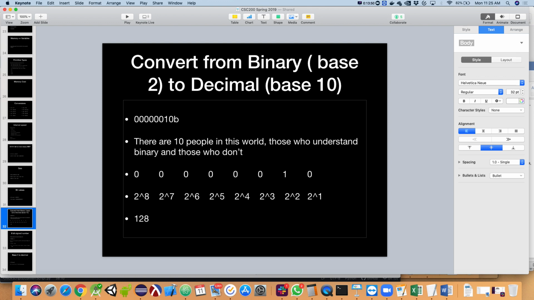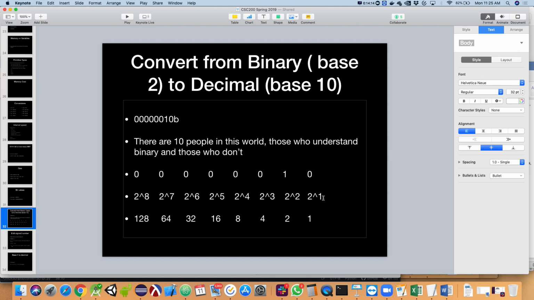So this is the 128 place, 64s place, 32, 16, 8, 4, 2, 1.